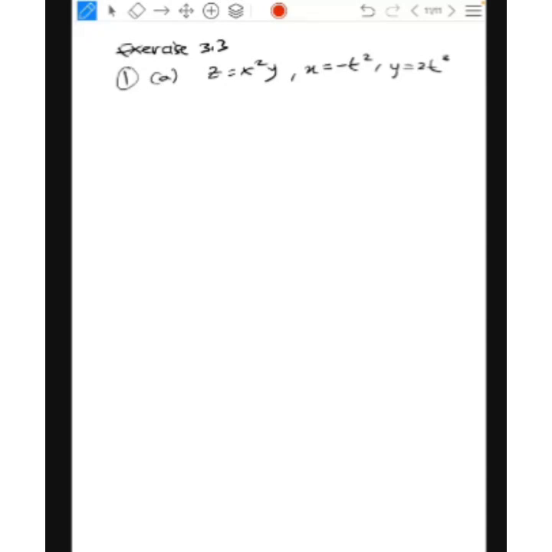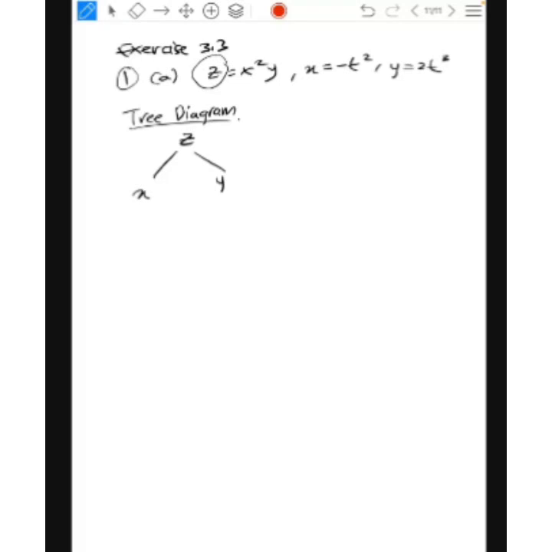Now in chain rule the important thing is to do the tree diagram. If you can master this tree diagram, I can give you 100 variables and you still can do this chain rule, no problem. The tree diagram is the first step. It has z, and then under z it has the variables x and y.